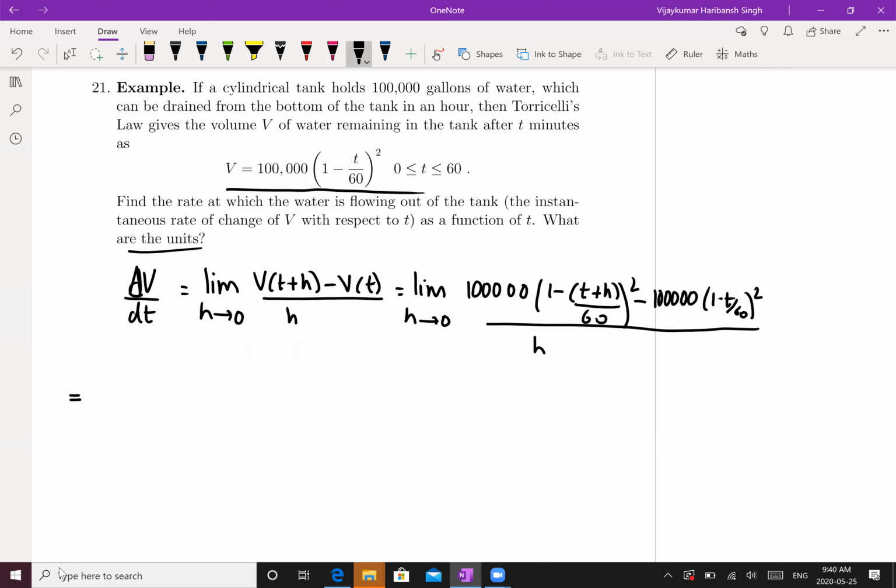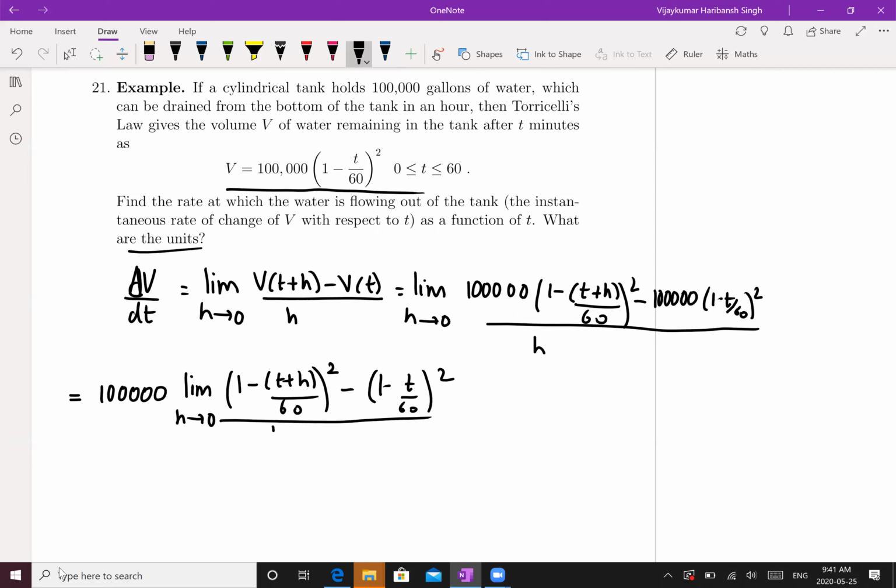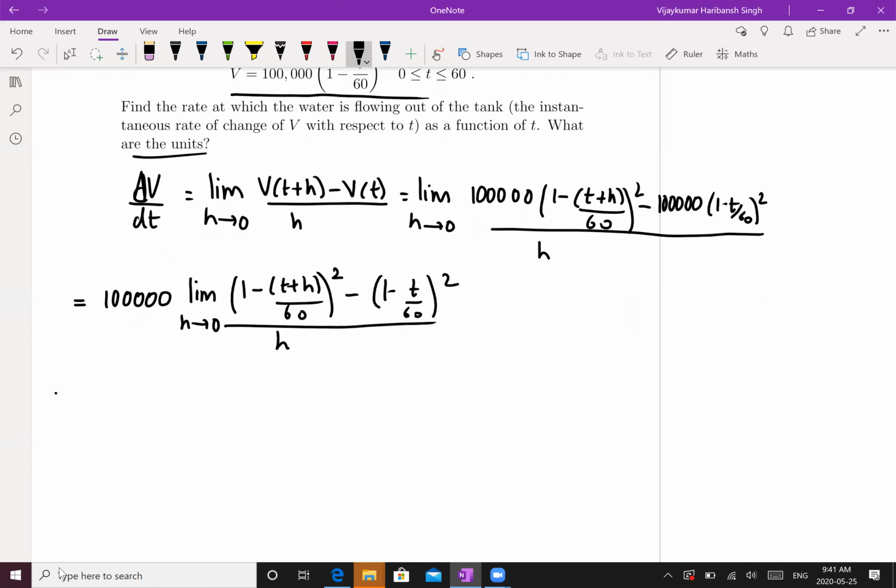So I can simplify this by taking 100,000 out, limit as h goes to 0, 1 minus (t plus h) by 60 the whole square minus 1 minus t by 60 the whole square, divided by h. Now you can use the a square minus b square formula. So you get 100,000 limit as h goes to 0.